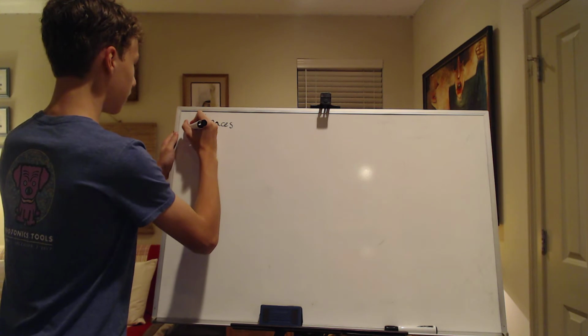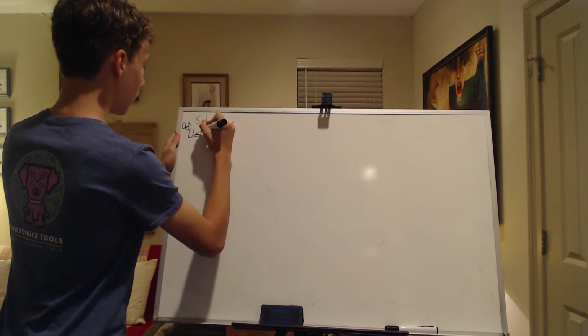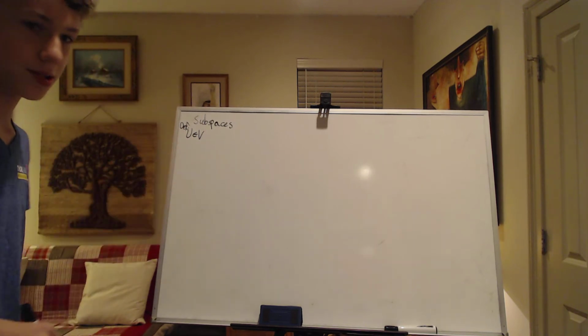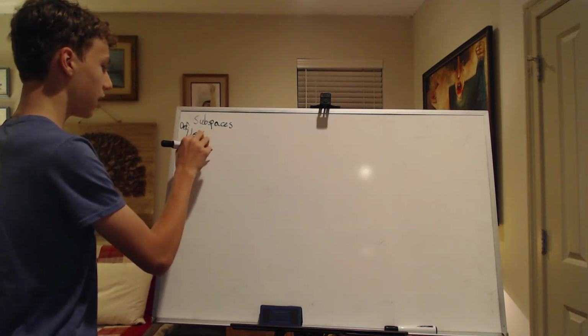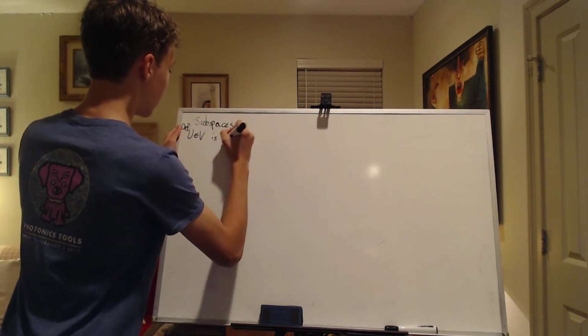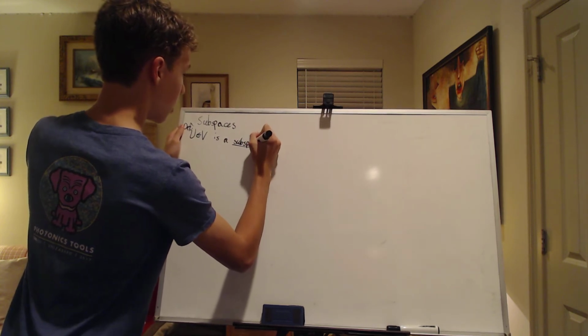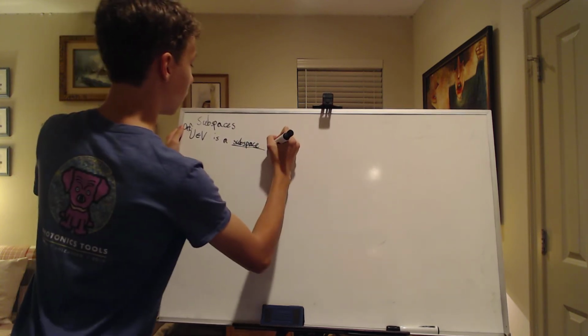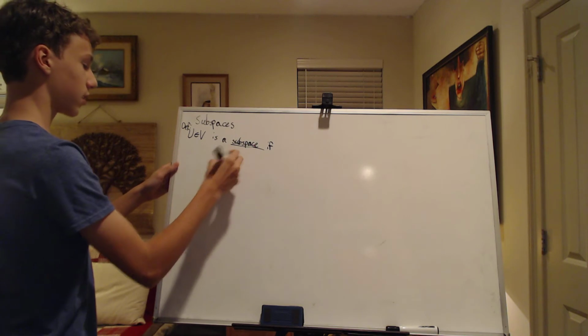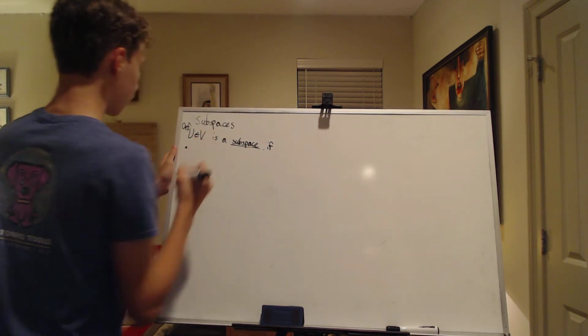Suppose, definition. I'm leaving out a lot of words again. A subset of the vector space V is a subspace, it's a definition so I'm not going to write if and only if, the following three results hold.